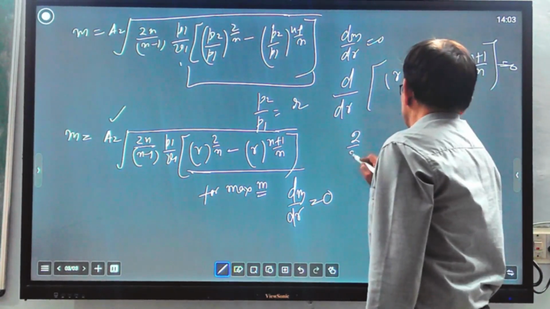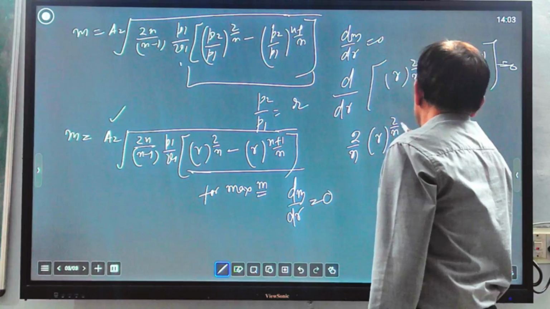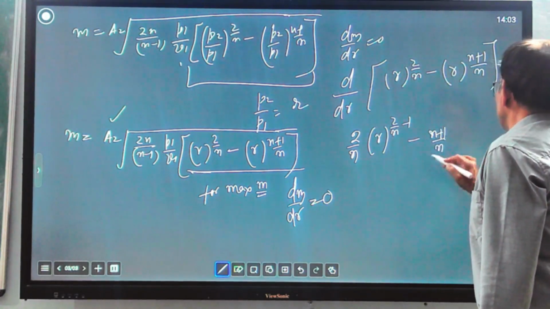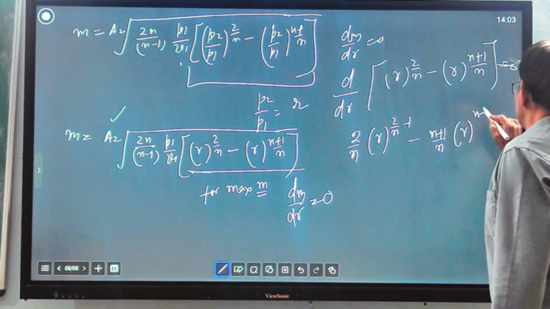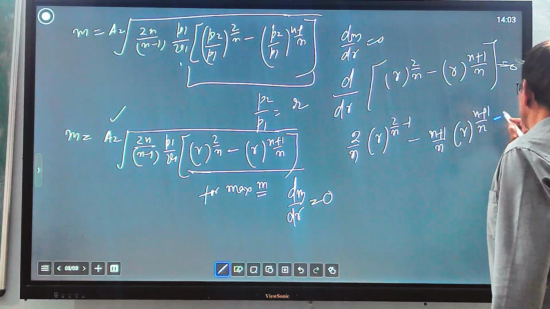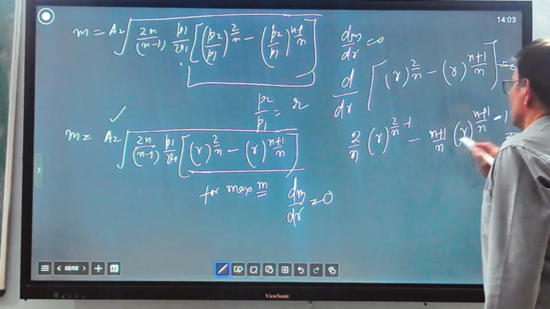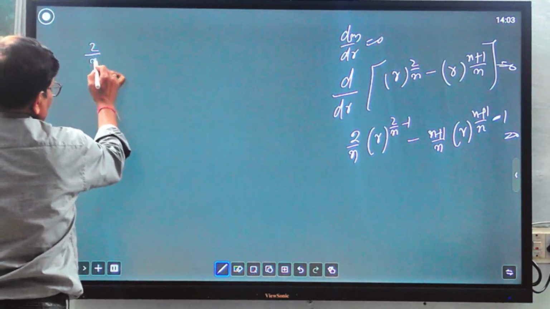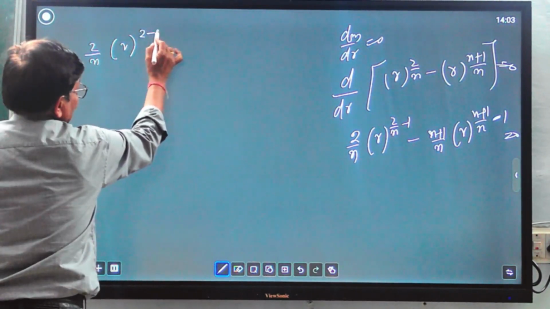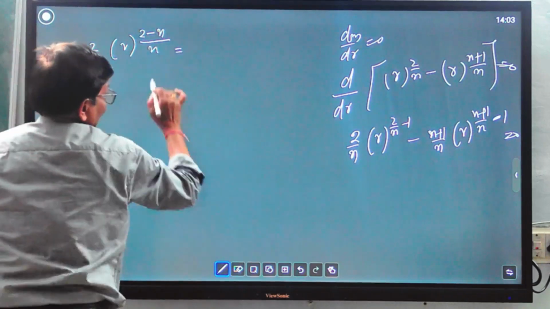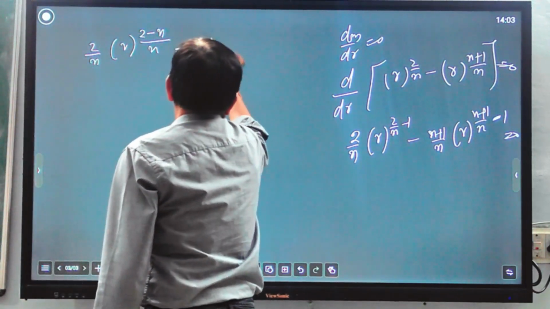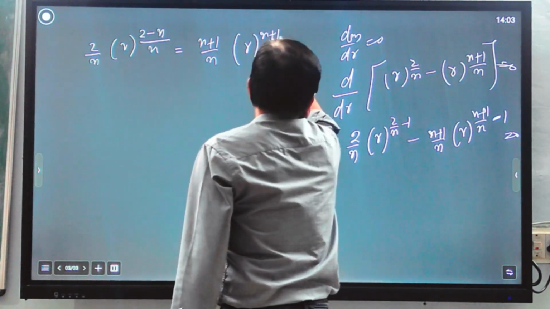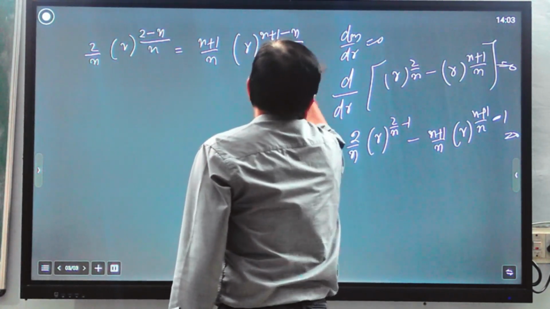So 2 by n r to the power 2 by n minus 1 minus n plus 1 upon n and r to the power n plus 1 upon n minus 1 should be equal to 0. So now 2 by n r to the power 2 minus n upon n equal to n plus 1 upon n r to the power n plus 1 minus n upon n.